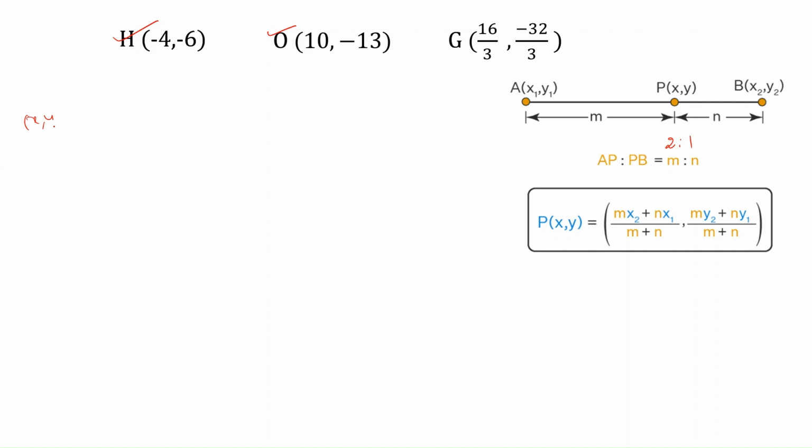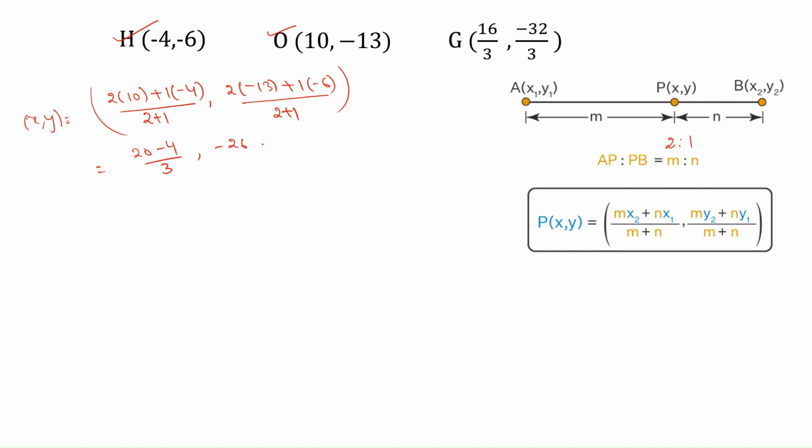So the required point is, m is 2 here, 2 into x2 is 10 plus n is 1 into x1 is minus 4, upon m plus n, that is 2 plus 1, comma m, that is 2 into y2 is minus 13 plus n, that is 1 into y1 is minus 6, upon m plus n. Now when we simplify this, 2 into 10 is 20, 1 into minus 4 is minus 4 upon 3, comma 2 into minus 13 is minus 26 plus 1 into minus 6, upon 2 plus 1 is 3.